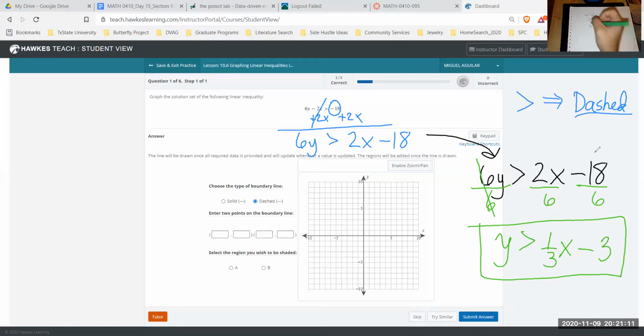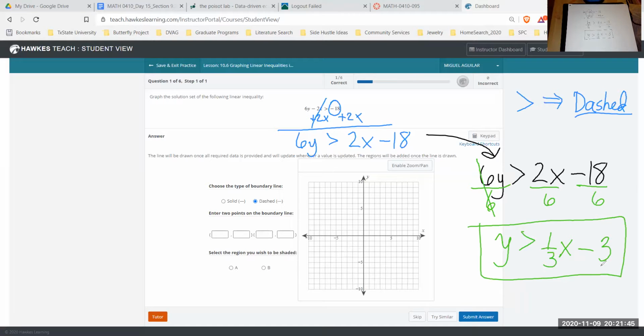Once we have that, we're going to divide everything by positive 6. So we can cancel out these 6's and get our y by itself. Y is greater than, and we need to reduce these fractions, so this will be 1/3 x minus 3. And so this is the inequality that we're going to work with to get the remainder of the problem solved.